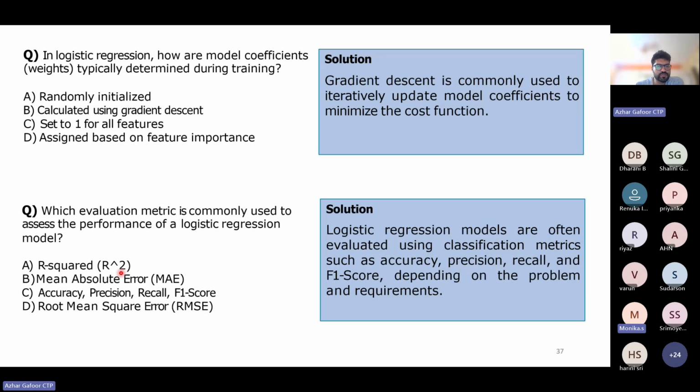R square, mean square error, mean absolute error, RMS, everything is proper regression metrics. So in classification, we usually use accuracy, precision, recall. If you remember the confusion matrix that we have seen in the last class, that is used mostly in classification problems.